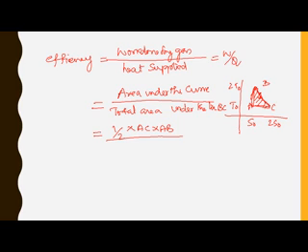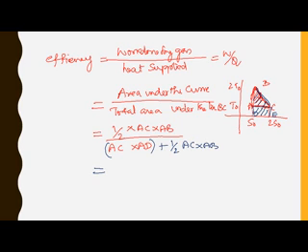Under line BC there is a triangle and one rectangle, AC into AD. Here the points are A, C and D, this point is D and this point is E. This is the area under the line BC. So AC into AD plus half of AC into AB. General form.